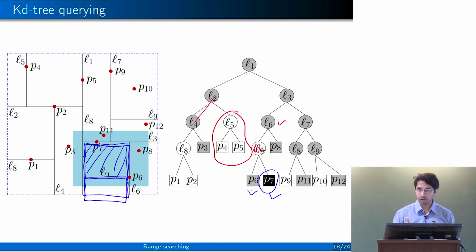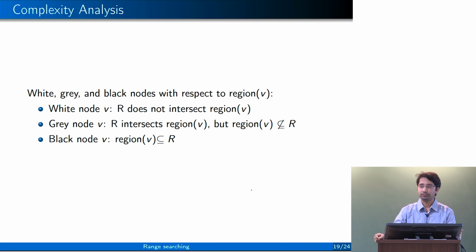Do not contain, do not intersect, white. Three cases. Clear? It is very important. Are you with me till now? Very nice. This is the gist of the query that we are doing.